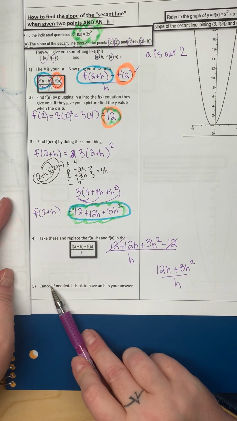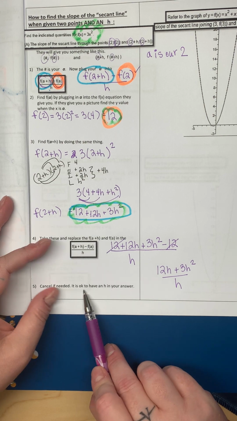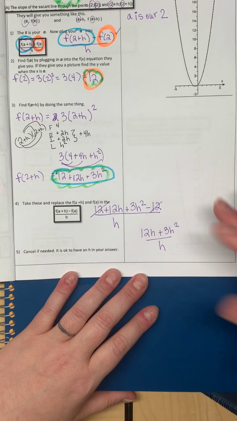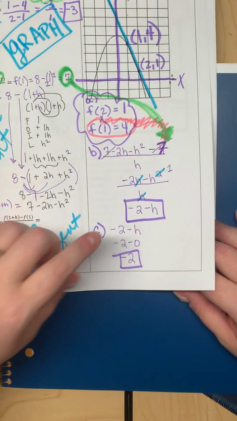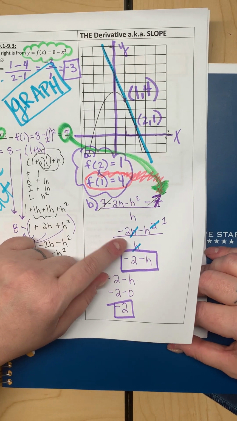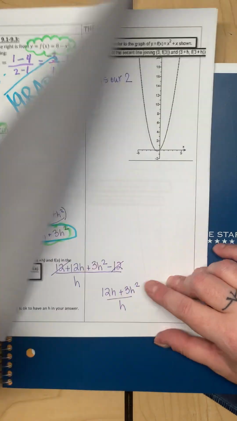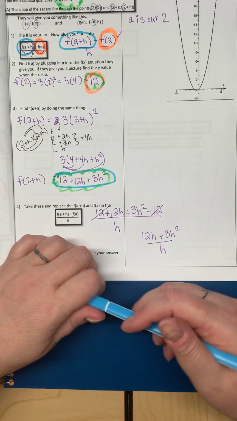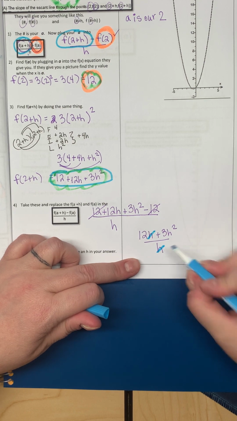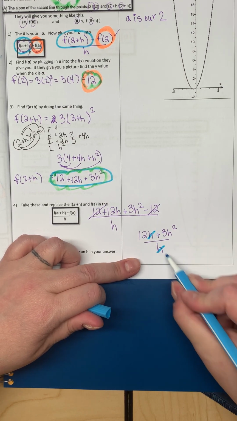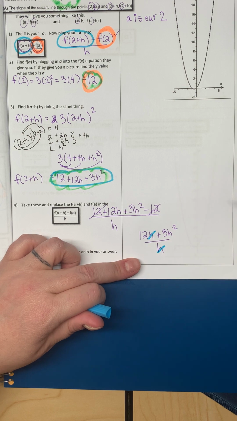Now step 5 says cancel if you need to. It's okay to have an h in your answer. So I can do that thing where I did what I did on number 1, part B, where I can cancel out an h from all the tops with that h on the bottom. So that h on the bottom can divide into both of these. So the h on the 12h disappears.